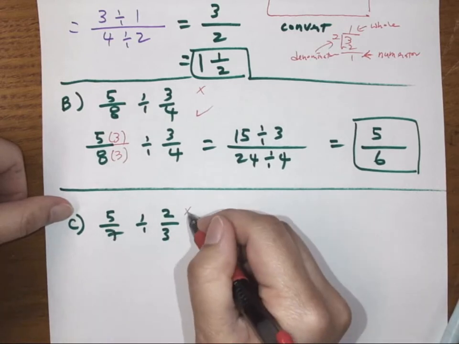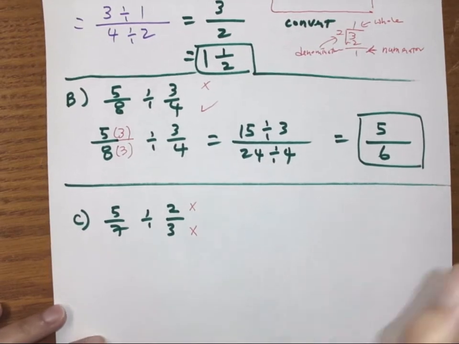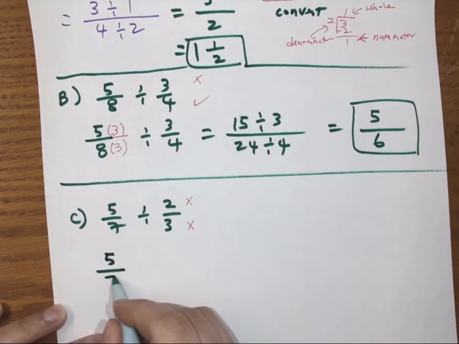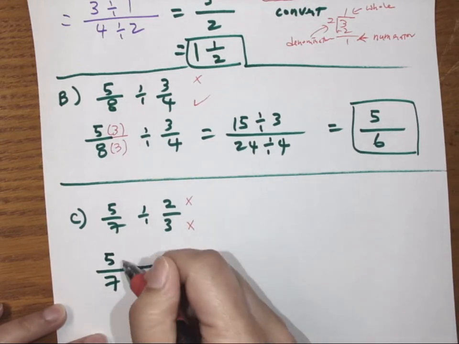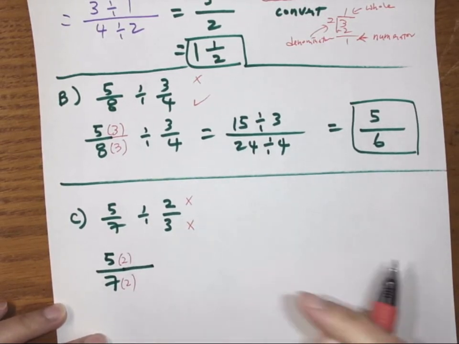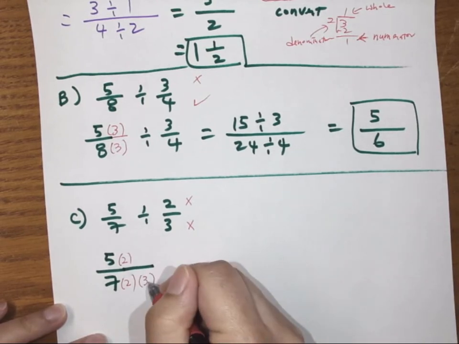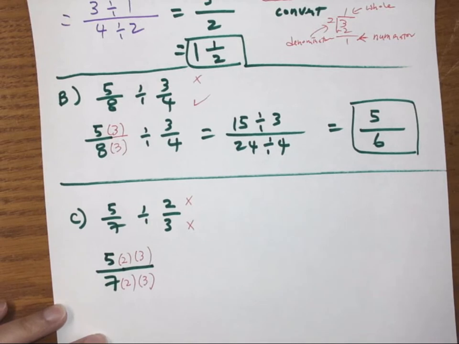5 cannot go into 2 evenly, and 7 cannot go into 3 evenly. So I need to change my first fraction so that the top part can be divided by 2. I'm going to multiply by 2 for both top and bottom. Then the bottom part needs to be divisible by 3, so I'm going to multiply by 3 here. Whatever I multiply at the bottom, I need to do the same on top, right?